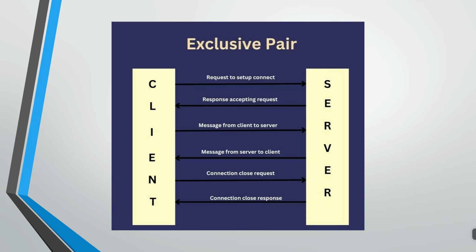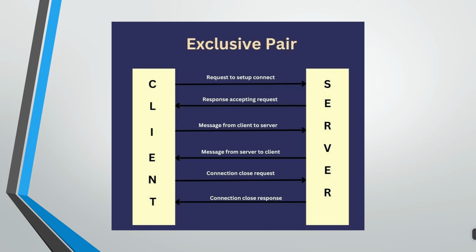Then once everything is completed, the connection is closed from the client's side, and it is closed from the server's side. This works something like the three-way handshake signal method, a modified three-way handshake.